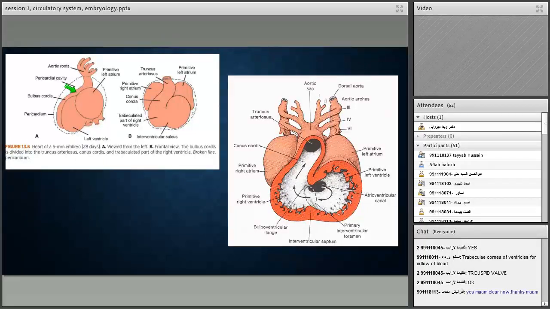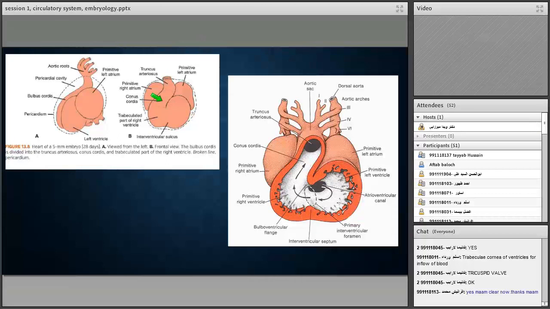But it gradually shifts to a more medial position. Look here, it is shifting and coming into the medial position in the pericardial cavity.